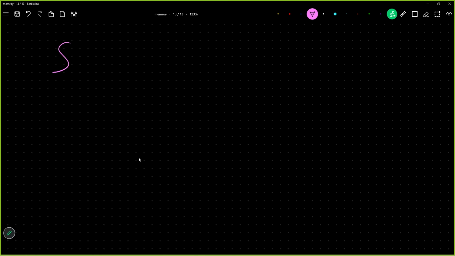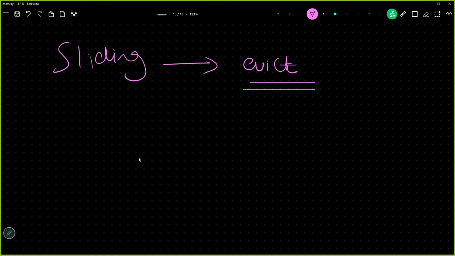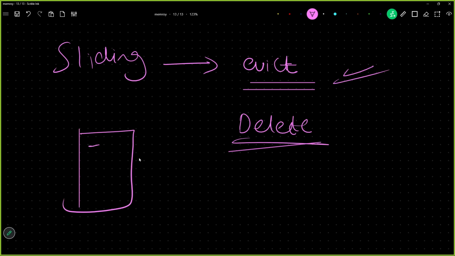When we were talking about the sliding window, we were evicting messages, just like it happens in Big Boss. We evict the contestants. We don't delete them. We evict them, which means they are out of the game. Similarly, we are maintaining a conversation history, and once it is out of the window, we will evict them.